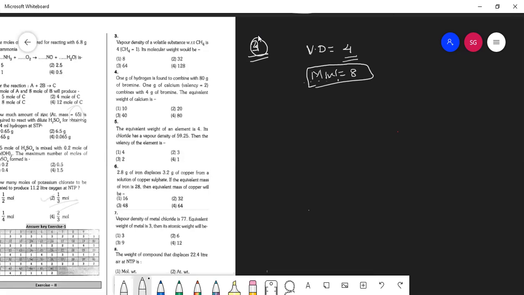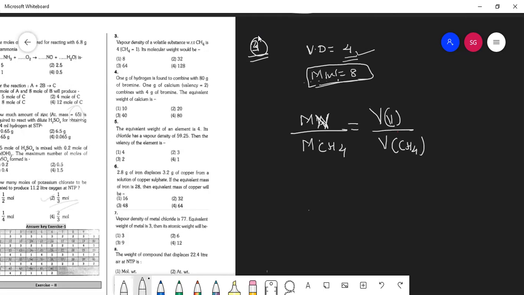Vapor density of the volatile substance with respect to CH4 is 4. It is not of CH4, it is the vapor density of that volatile substance. So I can write the molecular weight of that volatile substance, I'll write V for volatile substance. Molecular weight of volatile substance upon molecular weight of CH4 is equal to vapor density of that volatile substance upon vapor density of CH4.